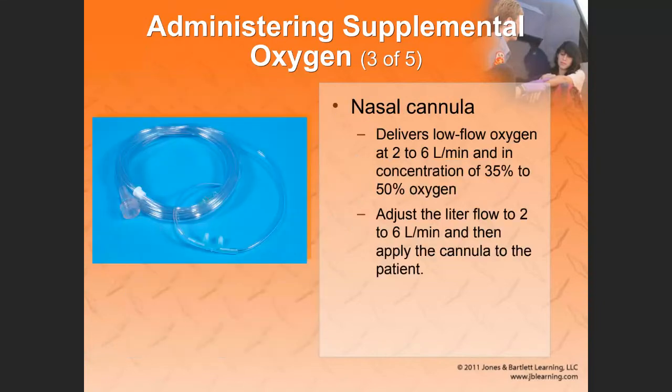Now, a nasal cannula, which is a low flow device. This one goes into the nostril. It delivers low flow oxygen at 2 to 6 liters per minute in a concentration of approximately 35 to 50%, and the actual concentration is 24 to 28%, but we're not going to get too much into the percentages.